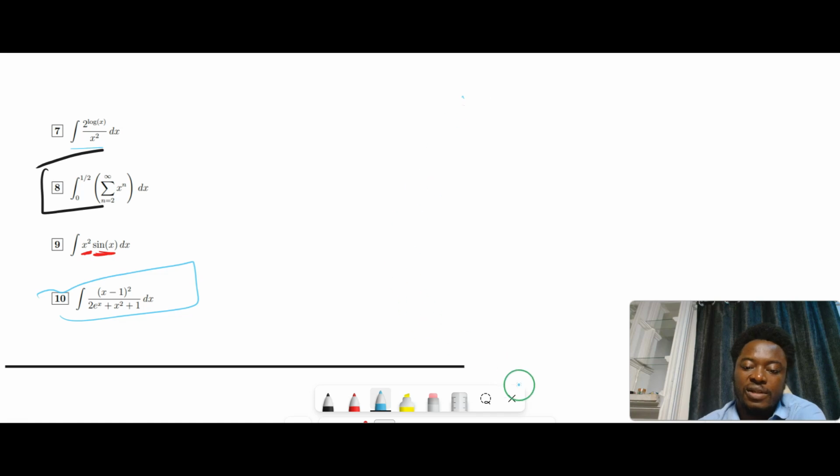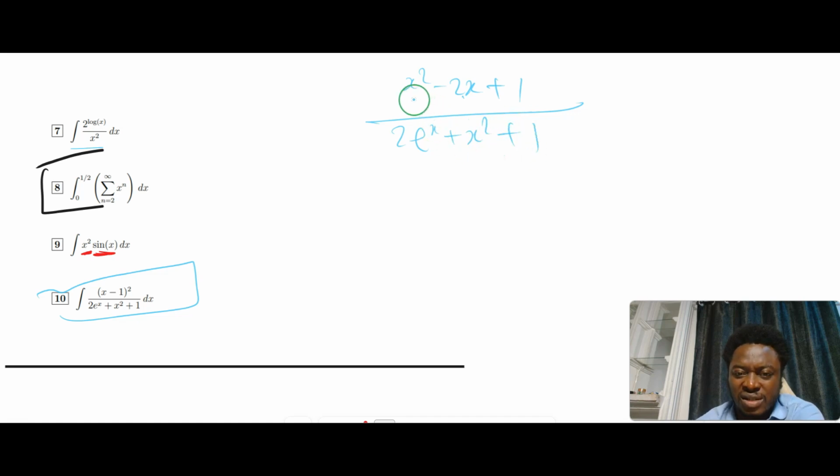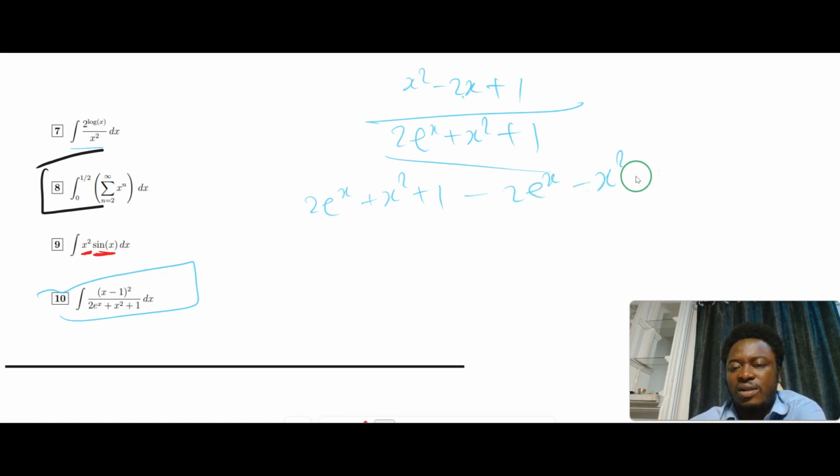You will have x squared minus 2x plus 1 divided by 2e to the x plus x squared plus 1. Now I'm going to add the bottom to the top. I think I should try this one. So I have 2e to the x plus x squared plus 1 minus 2e to the x minus x squared minus 1, and then I'm going to have x squared minus 2x plus 1.